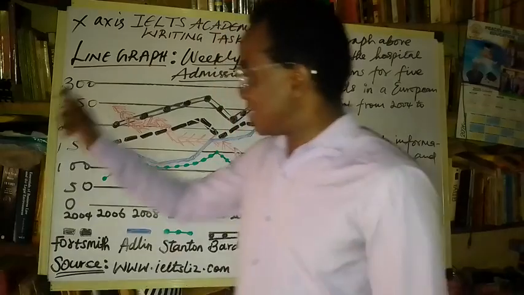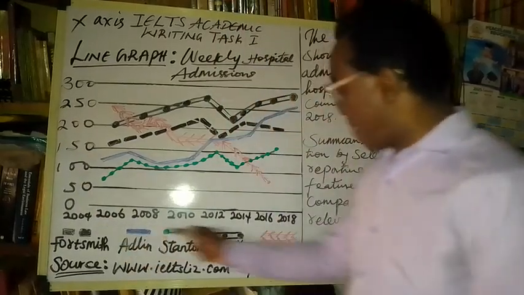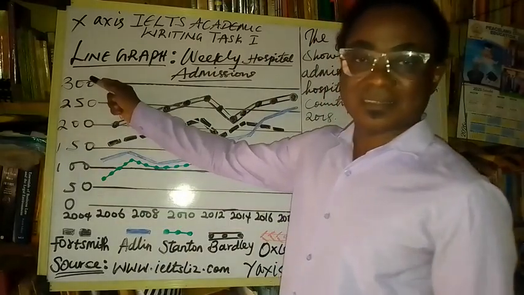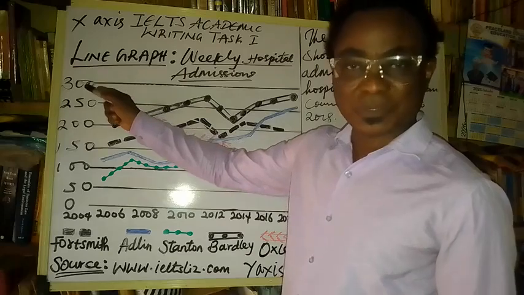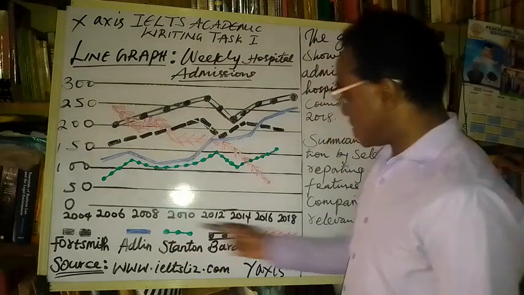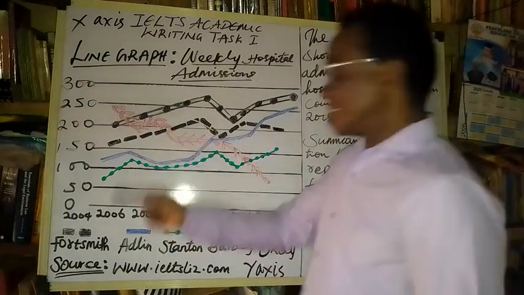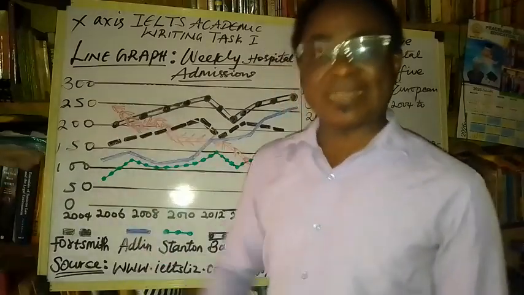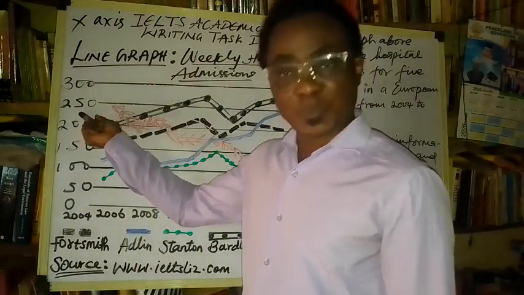dependent variables. Why are these figures dependent? It is because they depend on the years. The number of admissions in a hospital depends on the years. It is as the years pass that people could fall sick and be taken to hospitals for admission.